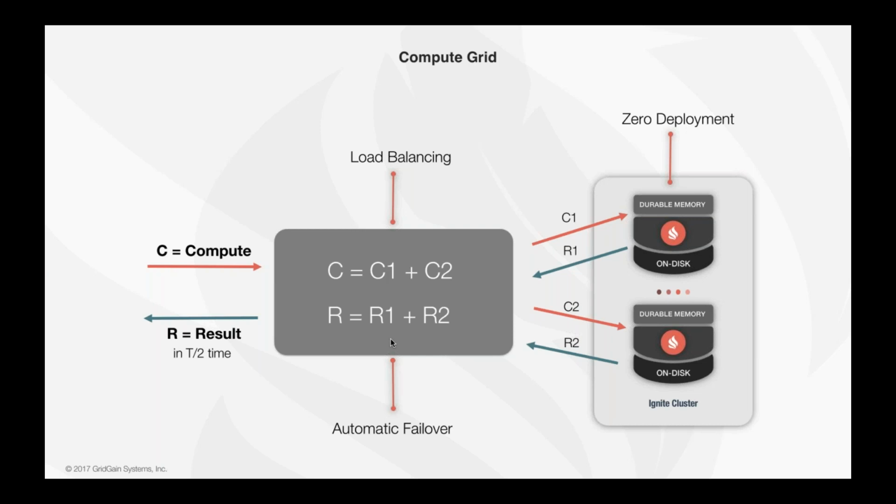And of course, all the standard things that you would expect in cluster computing, things like load balancing, for example, automatic failover. So in the event that some parts of our cluster go down, we lose some nodes, it can do that recovery for us and help us in keeping the cluster going.